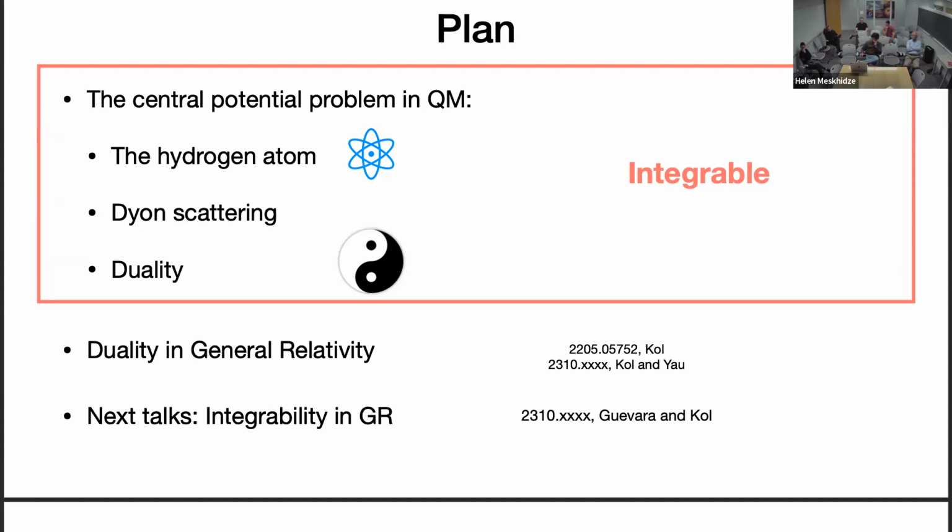It will also prepare the ground for the next talks by Alfredo about our joint collaborations on integrability in GR. That will not be today, but I will review the story in quantum mechanics, and then it will be easier to follow the story in general relativity.